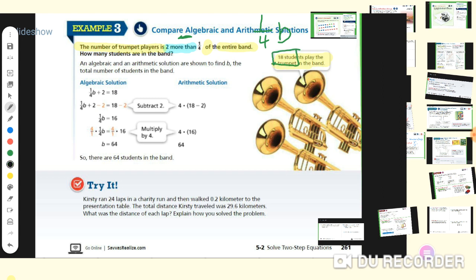So 18 is 2 more than 1/4 of the entire band. 1/4 B. 2 more than. So I can consider it as 18 minus 1/4 B equals 2. It's more than this amount, the quarter, by 2. Yes, it's 2 more. So I can consider it 18 minus 1/4 B equals 2.